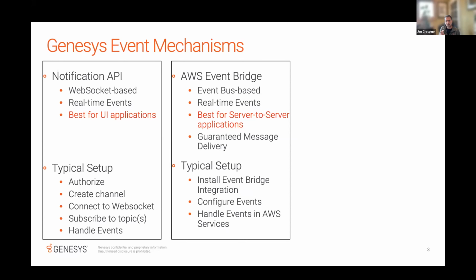And one of the big benefits of EventBridge over the notification API is guaranteed message delivery. So there is a store and forward concept on EventBridge. If you disconnect from the EventBridge for some reason, let's say you have an external process that's using AWS APIs to consume those events.